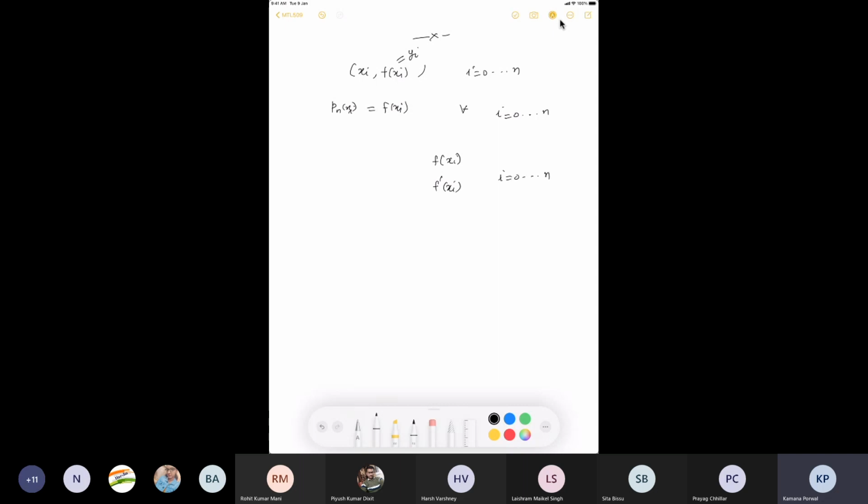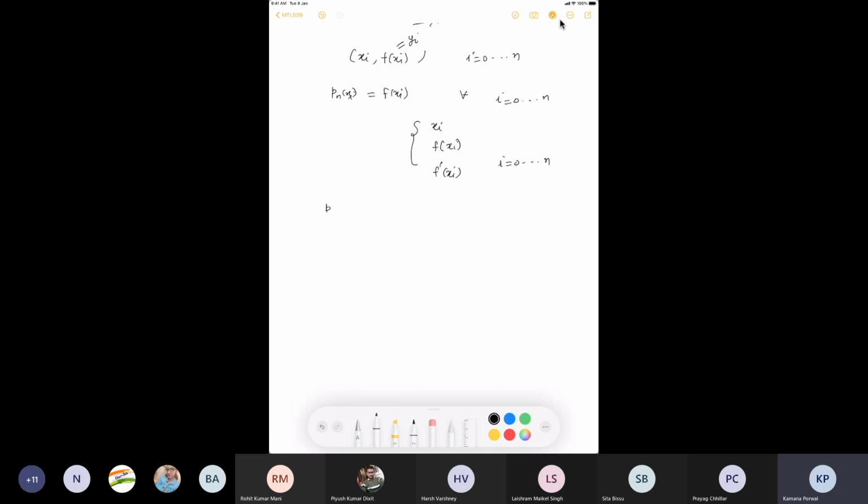That is, we know the functional evaluation at the nodes, and we also know the derivatives of the function f at the xi's.